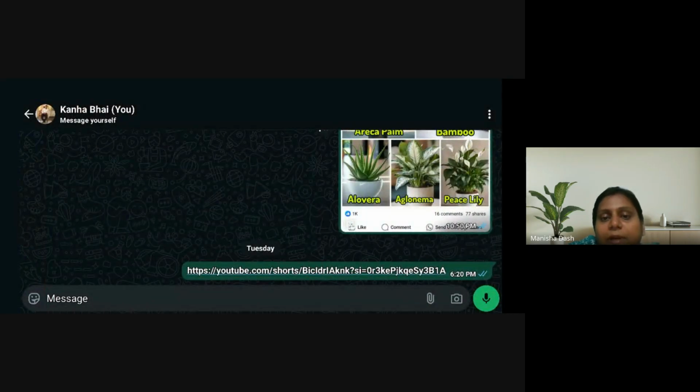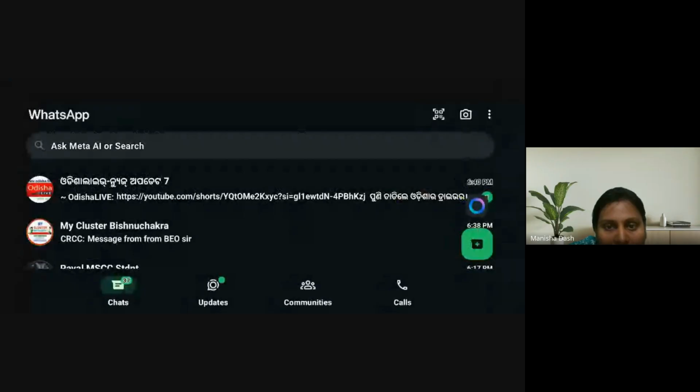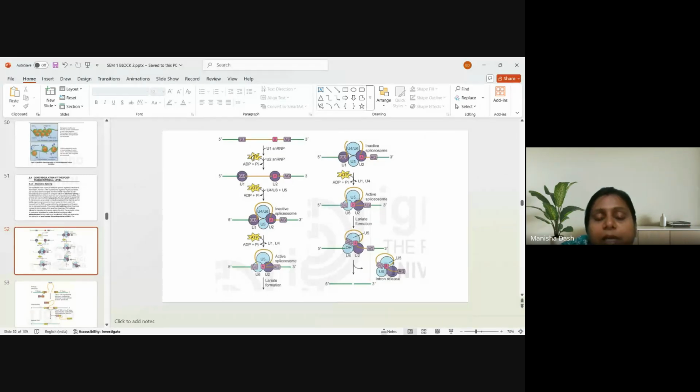Okay, and in between there could be an adenine. So there is U1 snRNP and U2 snRNP. By utilizing a molecule of ATP, U1 gets loaded on the GU sequence, and U2 gets loaded on the adenine sequence.